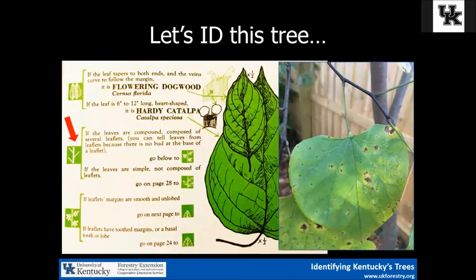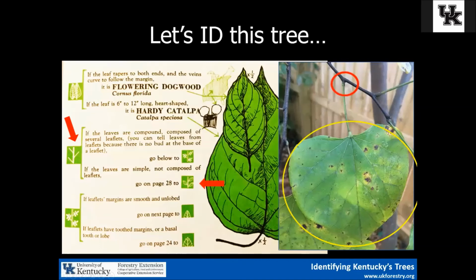Or if the leaves are simple, not composed of leaflets. Well, on this species, it has relatively small buds. I've circled where the leaf connects to the twig, and it's actually kind of hidden, tucked in that leaf petiole, but you got a bit of swelling right there. There is a very small bud there. You follow that petiole up, and there is just one blade right there. So that tells us that we have a simple leaf.